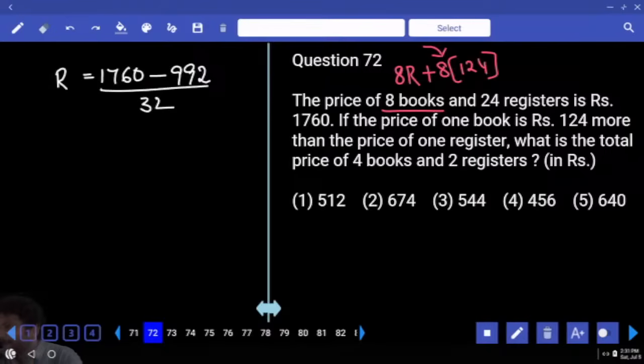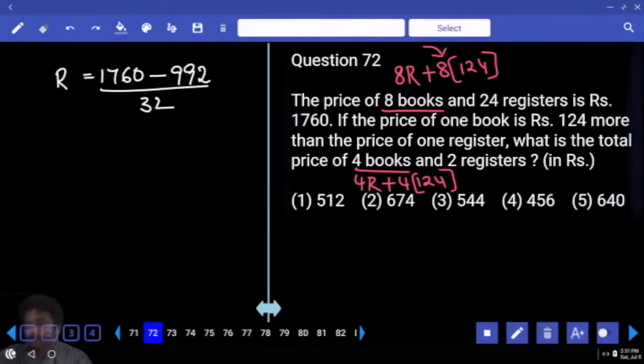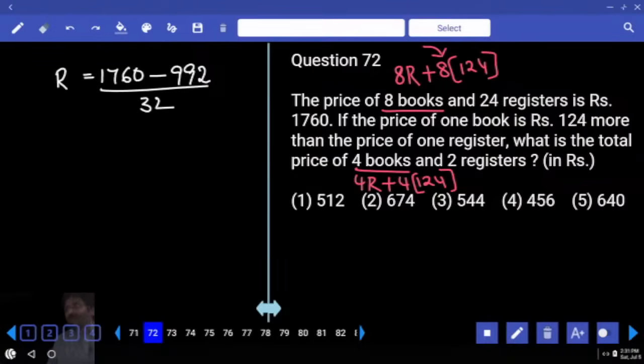Don't calculate. Go to the direct question. The question is about 4 books and then 2 registers. Again these 4 books I will rewrite as 4 registers plus 4 times 124. So finally how many registers do we want? 6 registers. 4 converted registers and then 2 original.